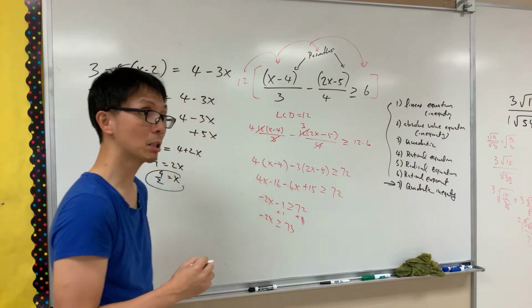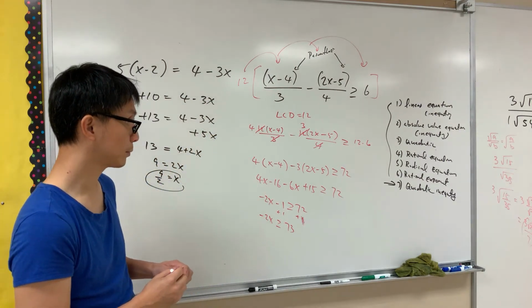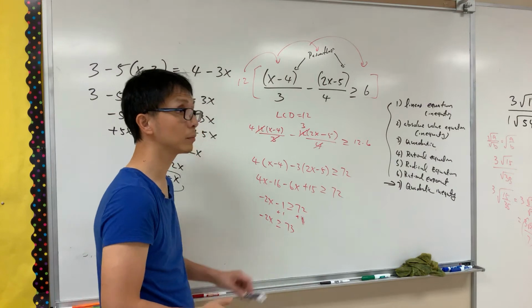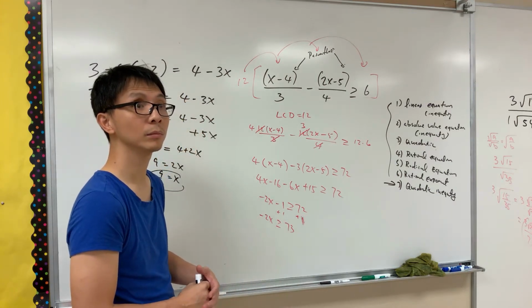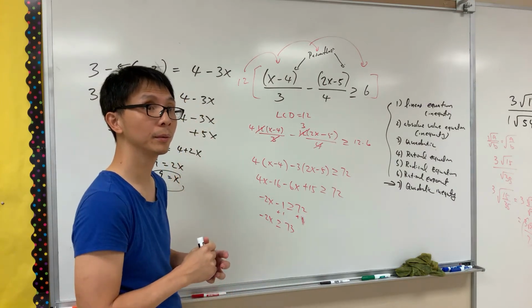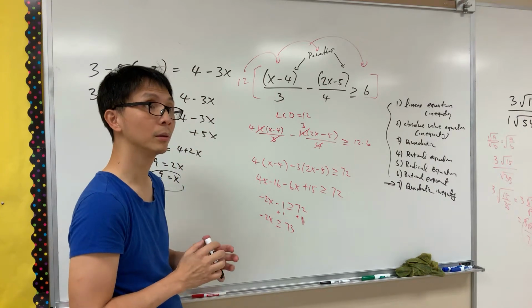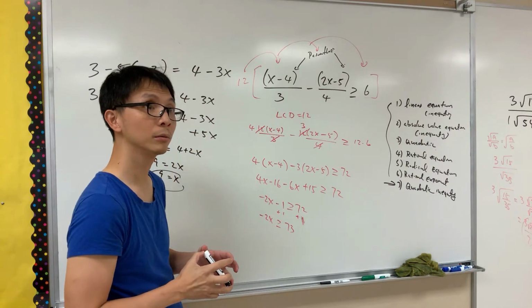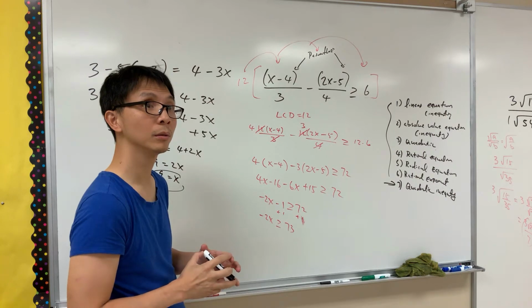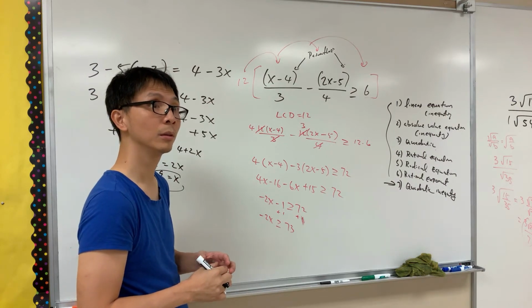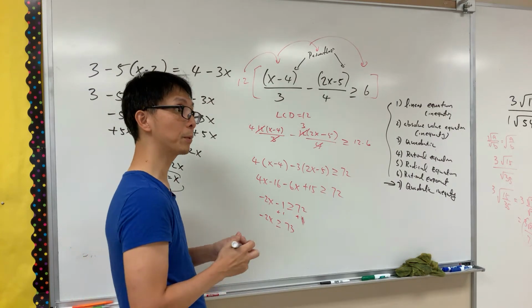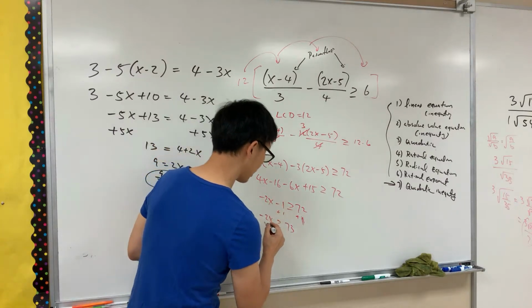Now what do I do next? Gabriel? You divide both sides by negative 2, and since it's negative, you would have to reverse the sign. Flip the inequality sign. Don't forget, right?